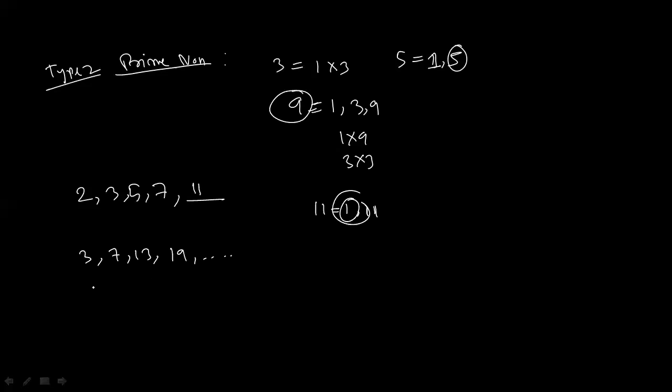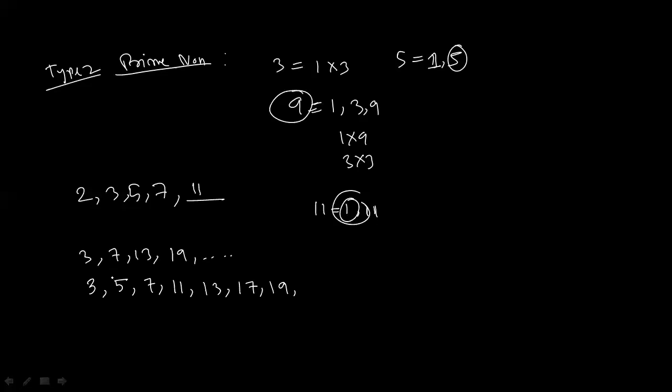Now if you write down the prime numbers starting from 3: the first prime number is 3, the next is 5, the next is 7, the next is 11, the next is 13, the next is 17, the next is 19. Now the series is formed by leaving out alternate terms.